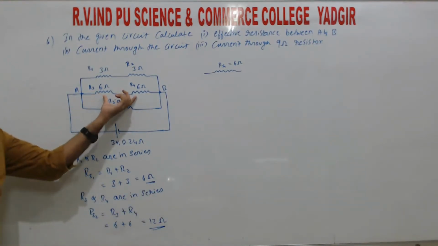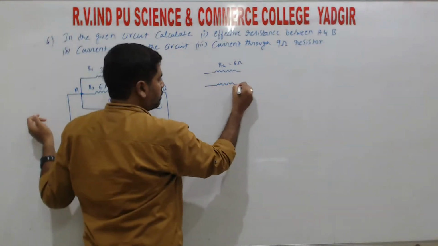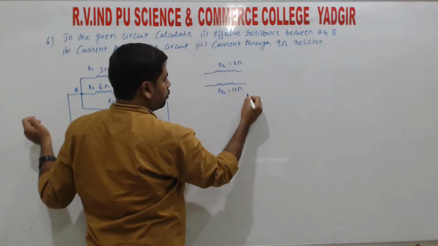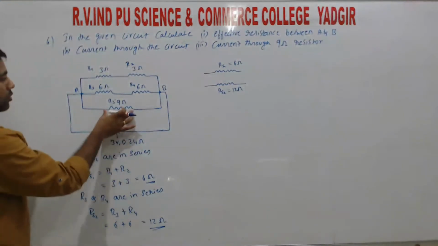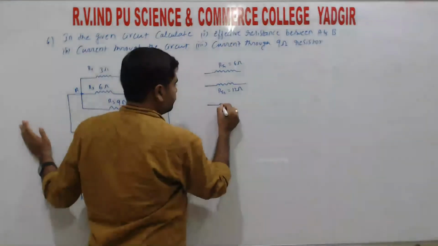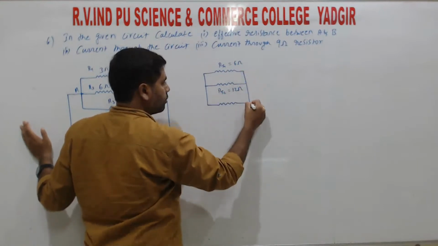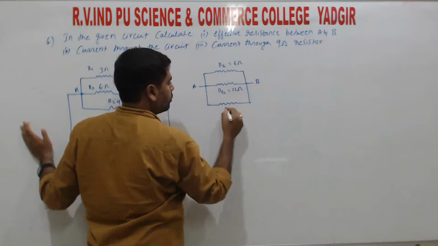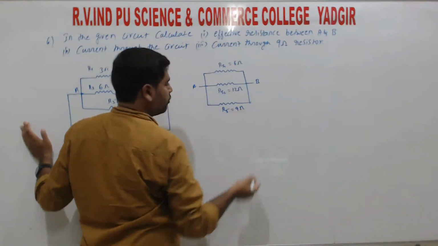So these two resistances are in series, and we get the equivalent resistance RS2 equal to 12 ohm, right? Now 9 ohm as it is, R5 is equal to 9 ohm, right?